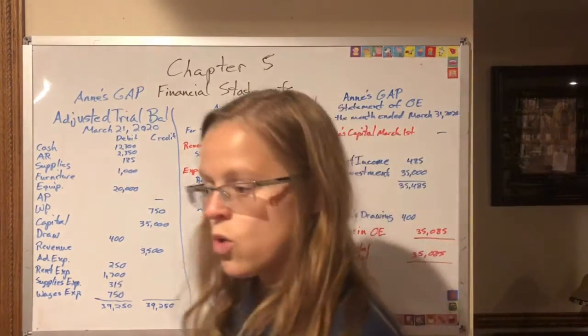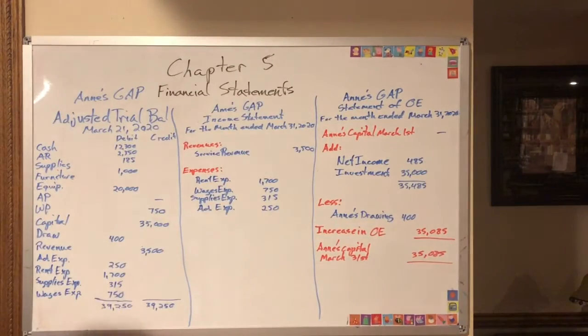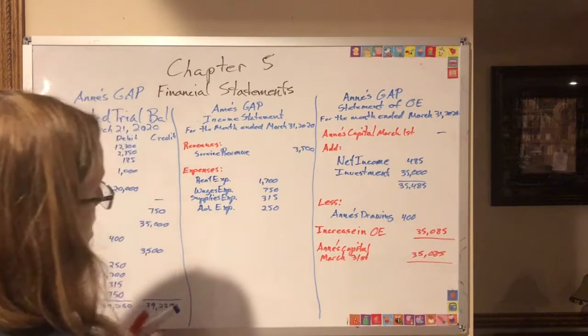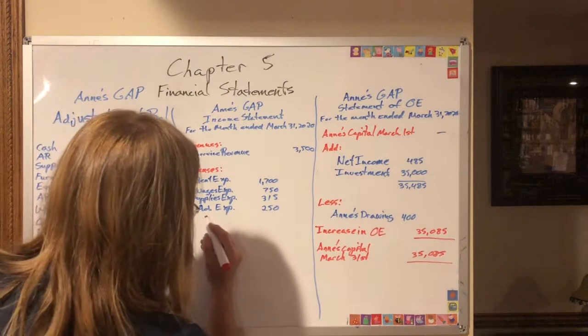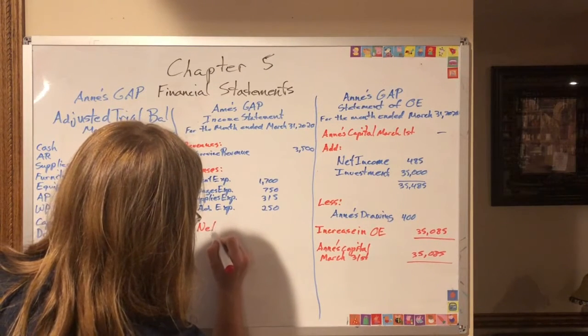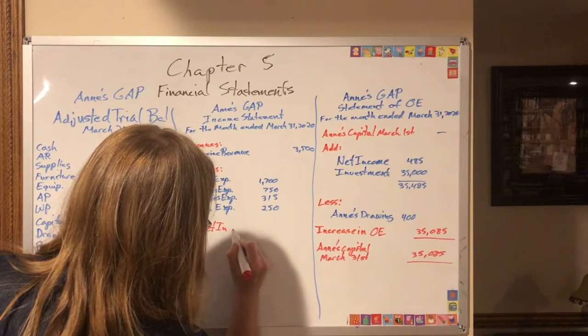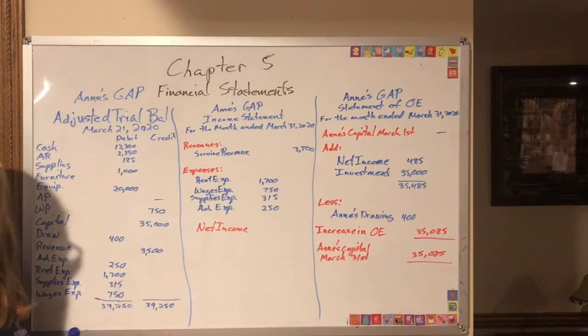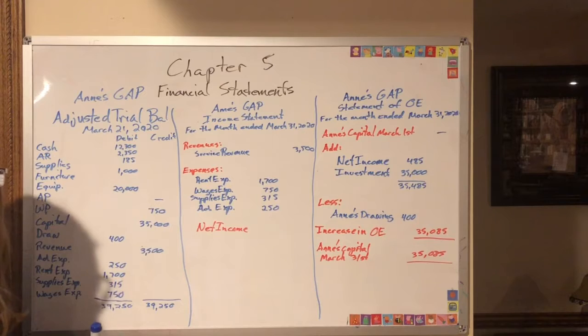All right, so let's total those up and see what we get for our net income. All right, net income. And it's going to be an income because it's not negative, all right? So if it was negative, it would be a net loss.